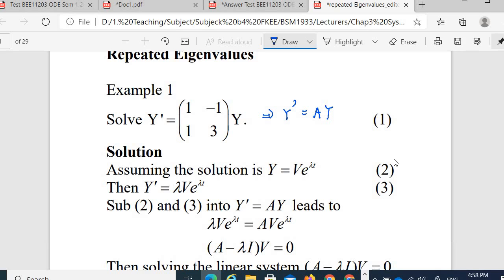Then you plug the y prime into the system, and the y we already assumed is b e to the lambda t.